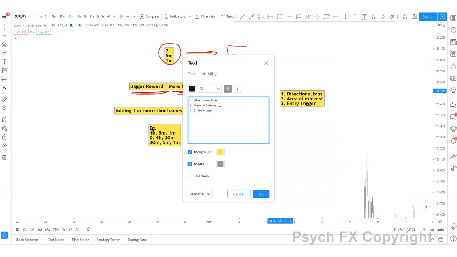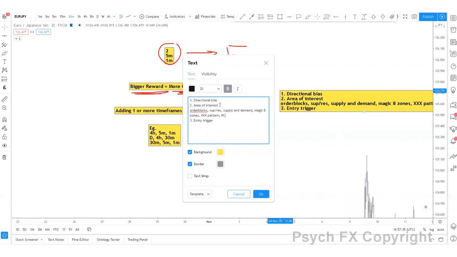Most people go wrong in their area of interest, because they will try and trade order blocks, but also support, resistance, supply and demand, magic 8 zones, XXX patterns, all of these weird patterns, M patterns, W patterns, accumulation ranges. They're trying to trade 101 different areas of interest.